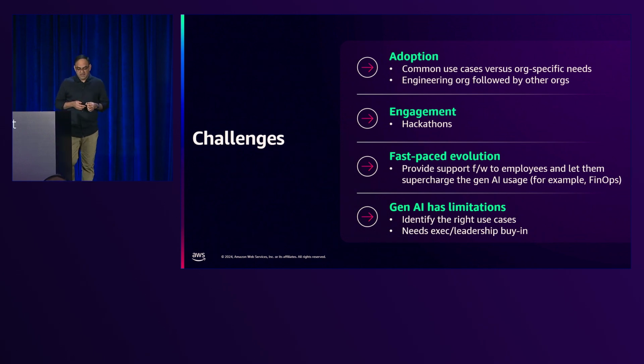So exciting use cases, but be careful about how you adopt. The more diverse and divergent it becomes, it becomes a bit complex to manage from an org point of view.